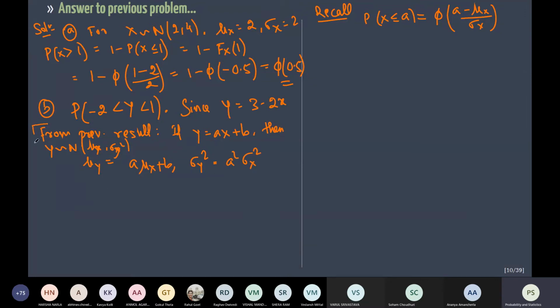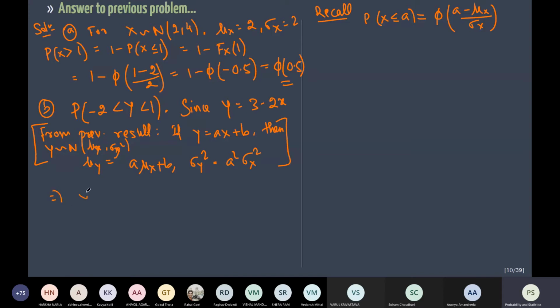This is the result that we have seen before, and that we are going to invoke here, where a is -2 and b is 3. With this kind of linear transformation, we are ensuring that y will be normal.